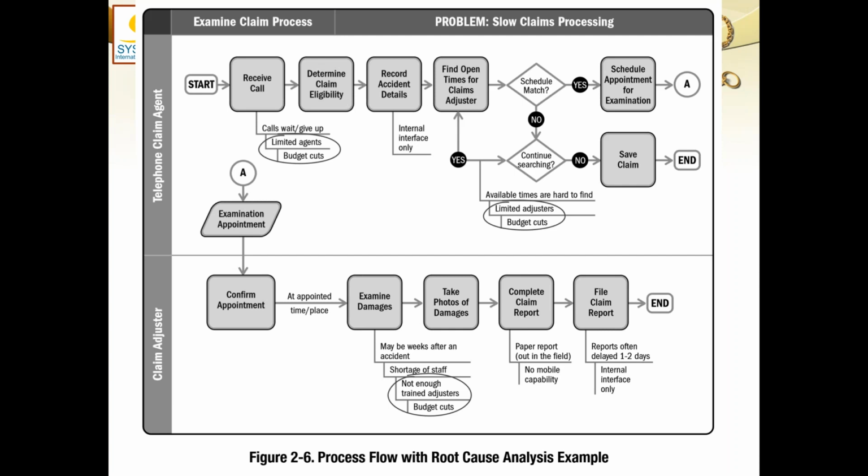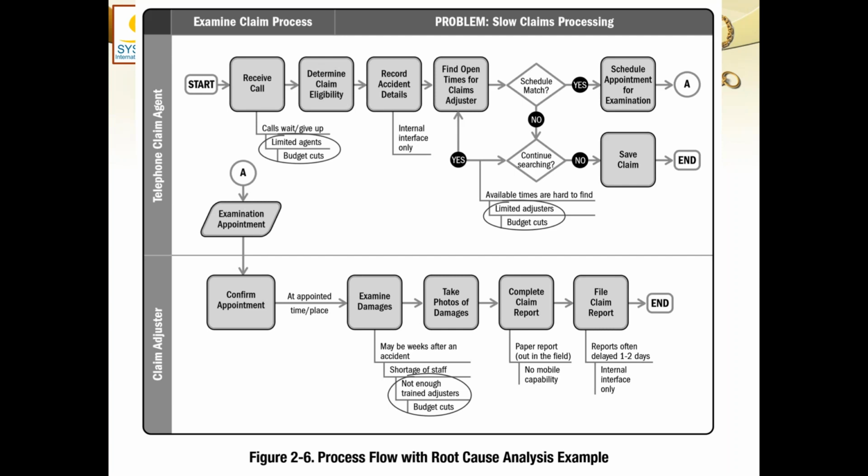If there is no schedule matching, then he continues searching and keeps trying to find the match. Once the match has been found, he schedules the appointment for examination. And as a result, the examination appointment is created. If the search does not result in anything, then save the claim for future.